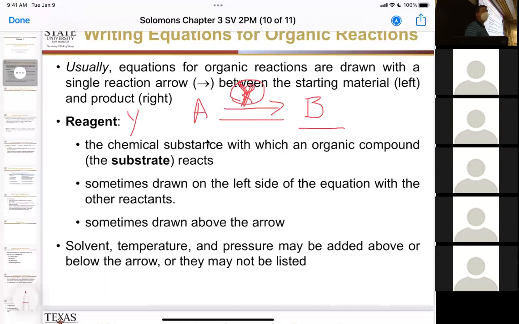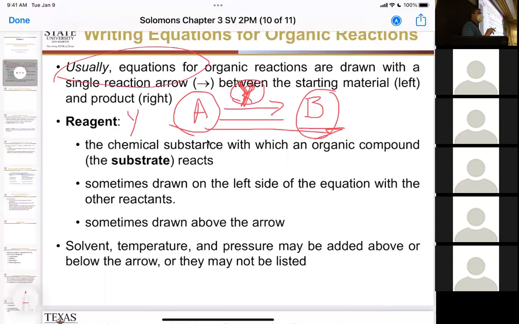That's telling you that reagent Y is making compound A into compound B. So usually this reaction goes from left to right. And usually the substrate and the product are written out and the reagent is occasionally put over that arrow.